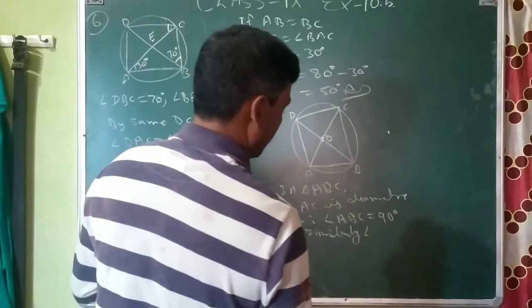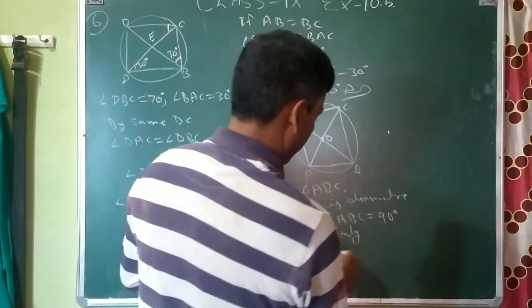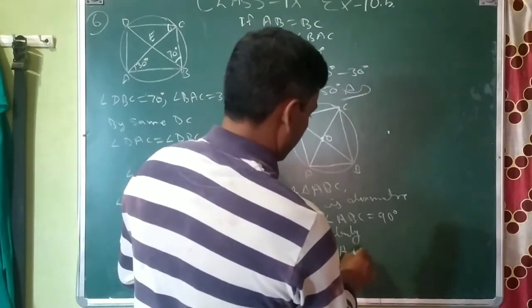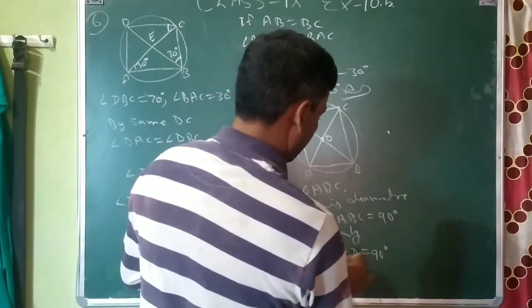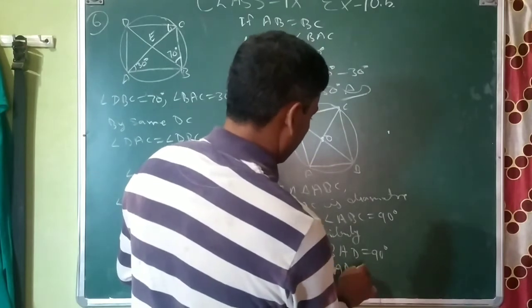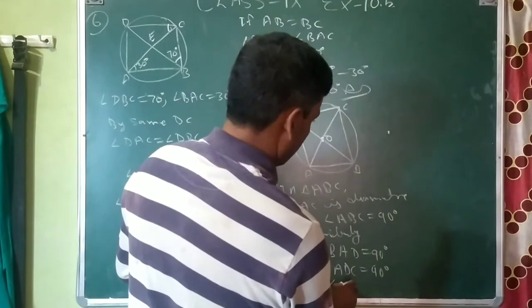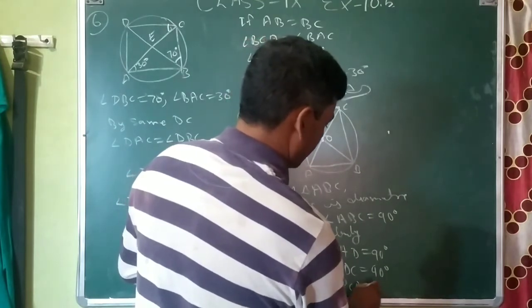Similarly, angle BAD is equal to 90 degrees, angle ADC is equal to 90 degrees, angle BCD is equal to 90 degrees.